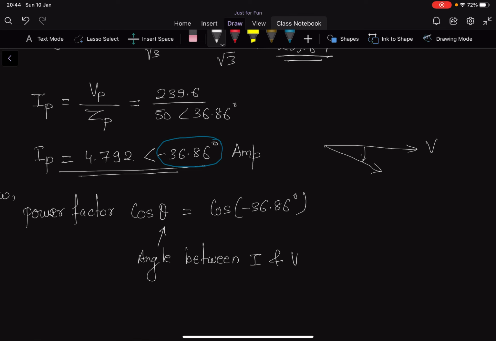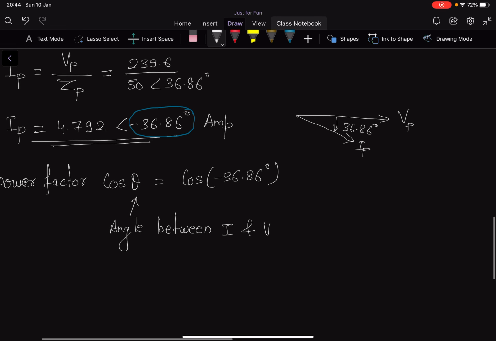You're going to see lagging of 36.86 degrees of I or IP behind VP. And it makes sense because an inductor always lags. Since there is an inductor in the load, the current must lag by a certain angle, and you can see it is lagging by minus 36.86 degrees.